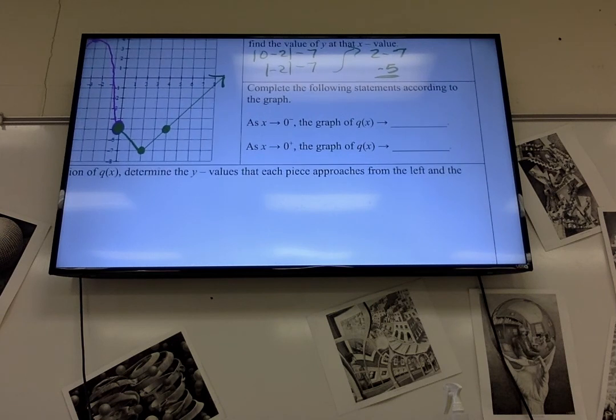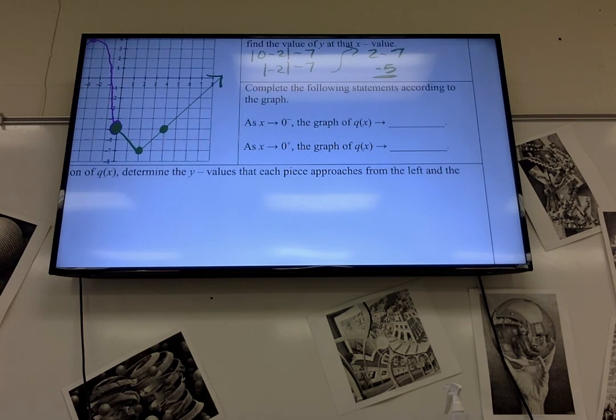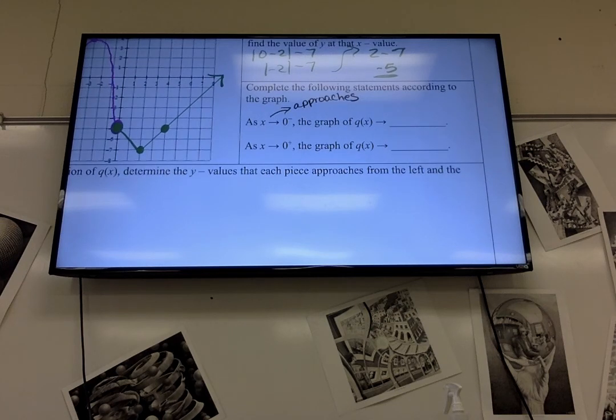So this is saying as x, that arrow, you read as approaches. So that's saying as x approaches 0, and that little minus sign means from the left.